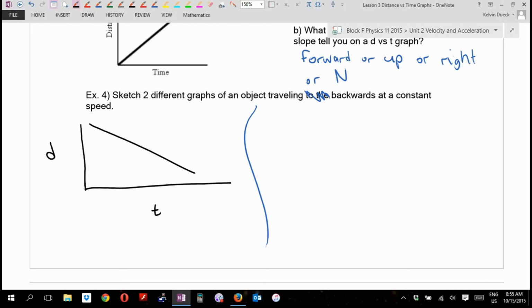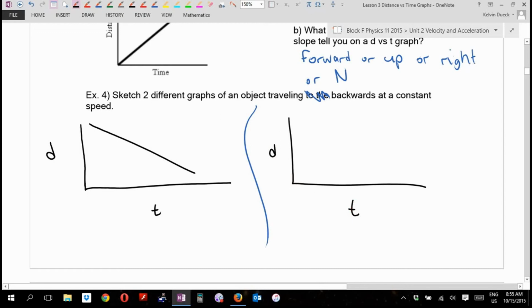Is the slope positive or negative? Negative. What might negative suggest or connote as a direction? There you go. Oh, I said to draw two. Let's draw one that's going faster. What would that look like?